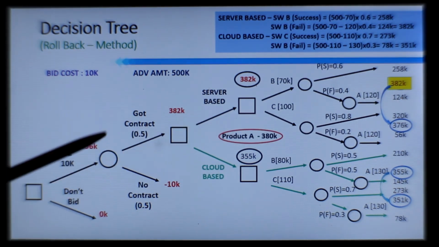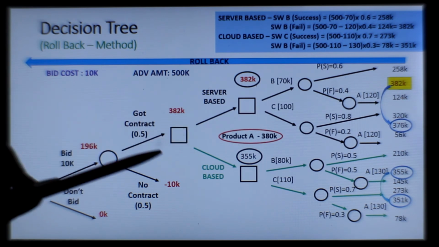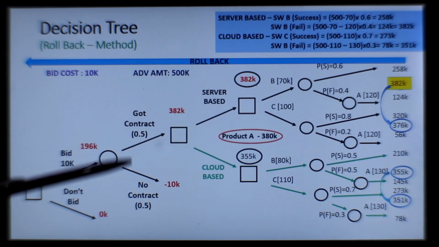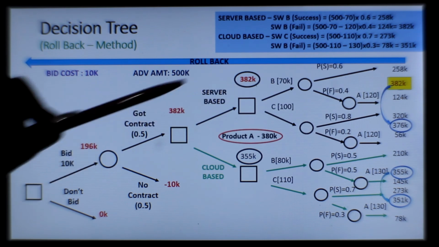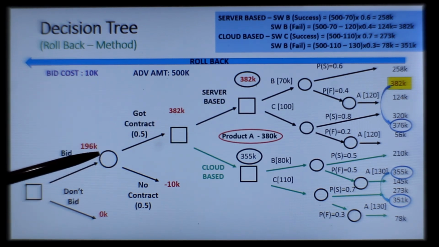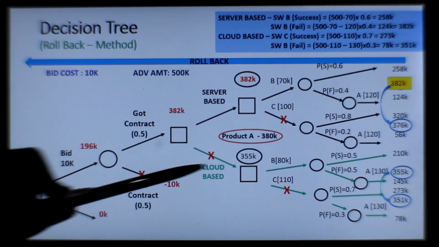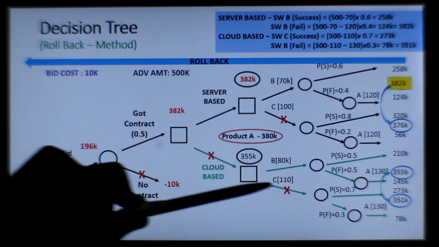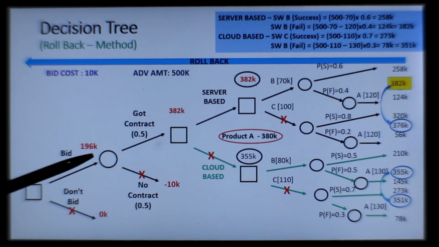Now we have to move one step further down, because there is an associated probability of getting the contract or not. So from here you move back and come to this point. Obviously, when you move, this is not a choice, this is not a choice, and this will not be a choice.